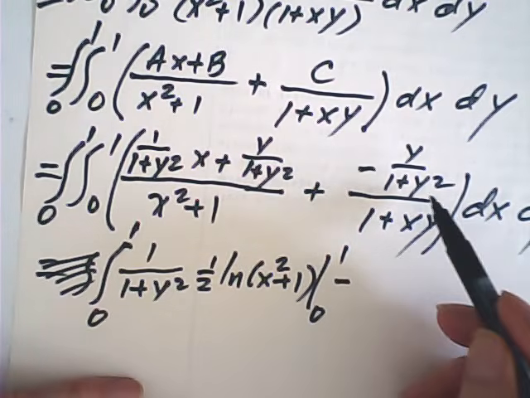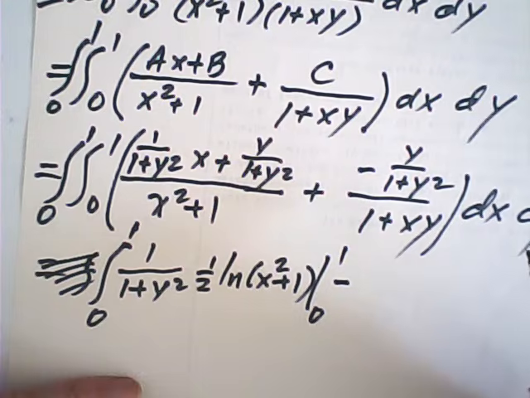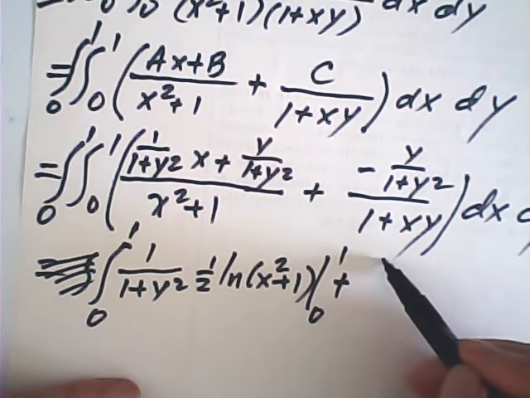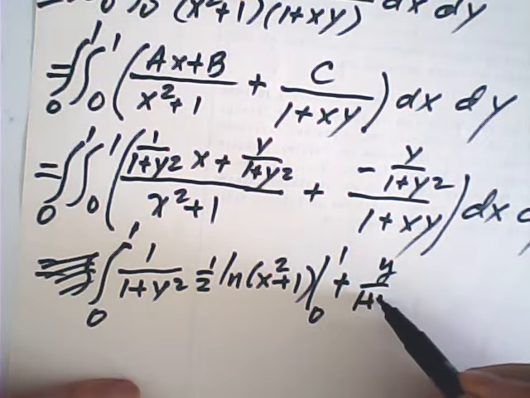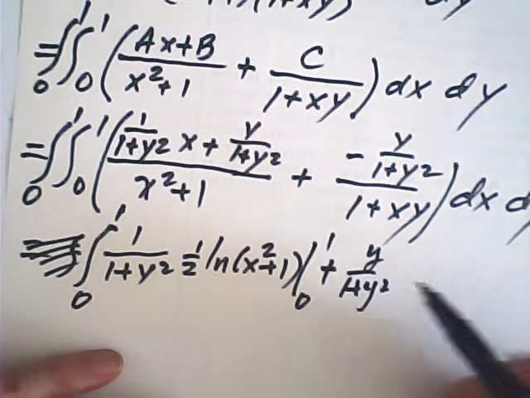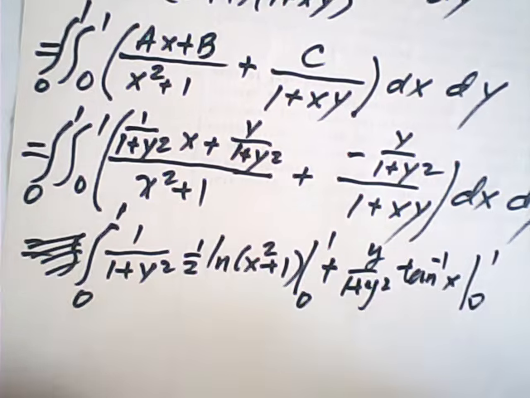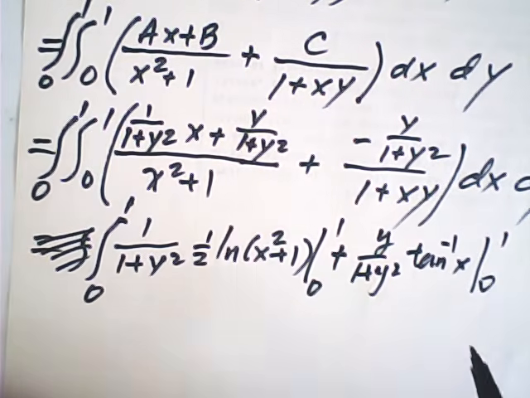Plus y over 1 plus y squared, that's a constant, times arctangent x, integrated with respect to x.